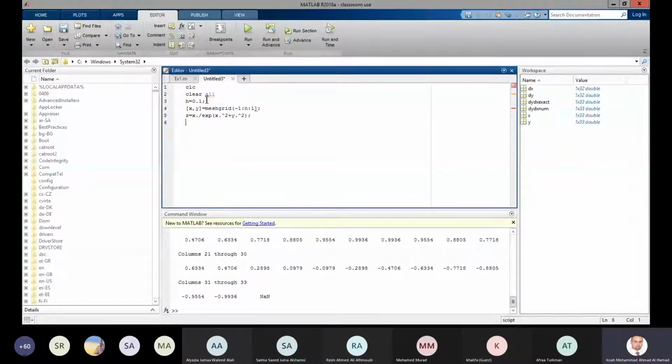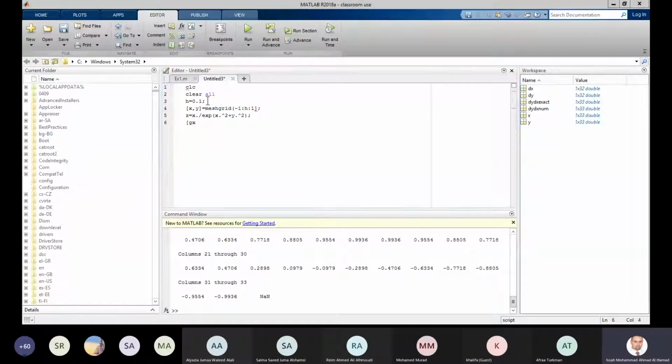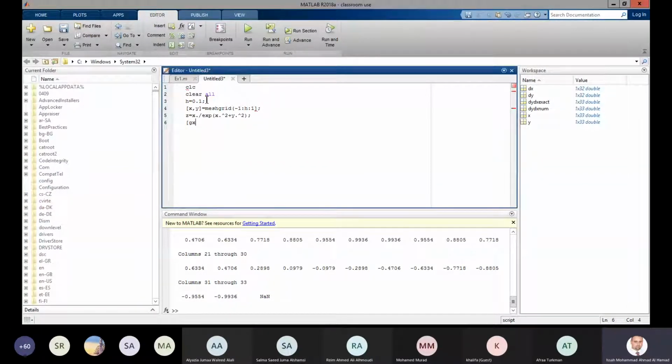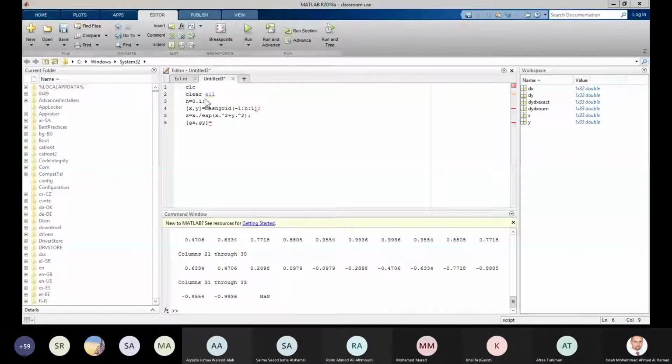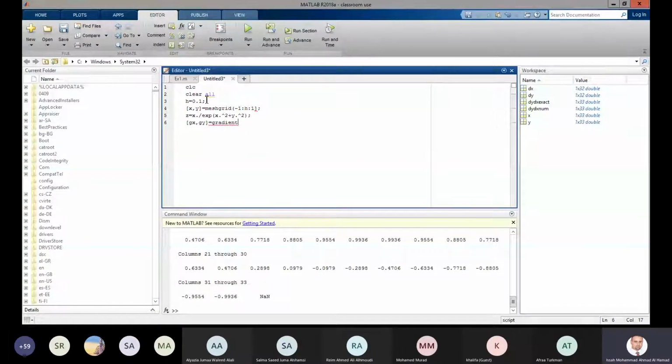Now I can use something called gradient. Gradient is like the derivative. So I will call it, for example, gx for x and gy equals gradient of z and h.